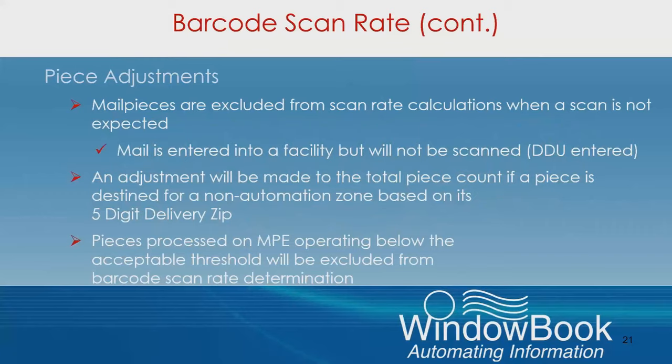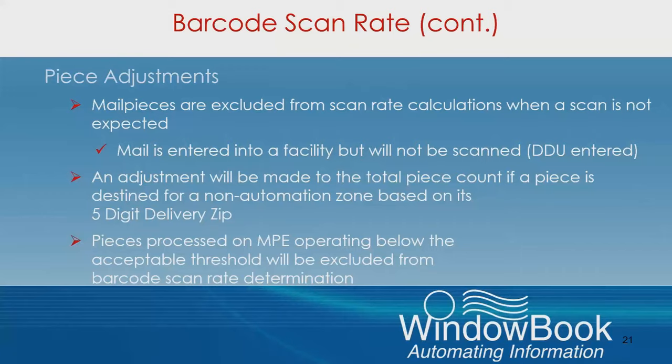Now, there are some adjustments that can be made for errors that are detected here. So, for example, there are some exclusions. Mail pieces are excluded from these scan rate calculations when a scan isn't expected. So, for example, mail pieces are excluded from barcode calculations when mail is entered at a facility that does not have scanning equipment, typically DDUs.